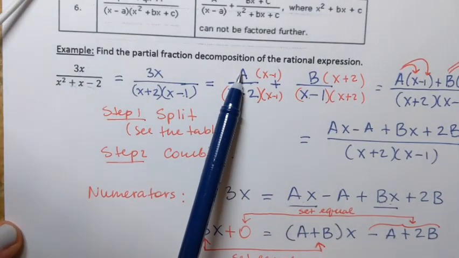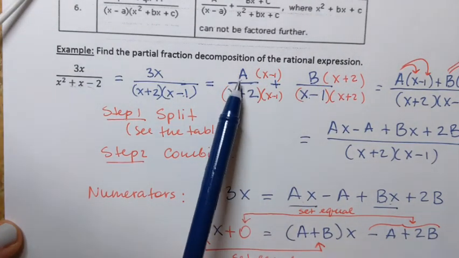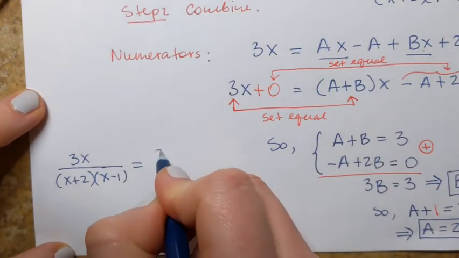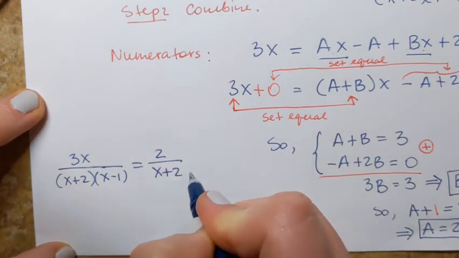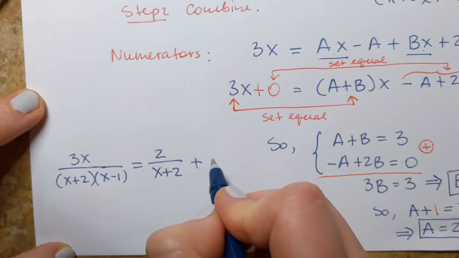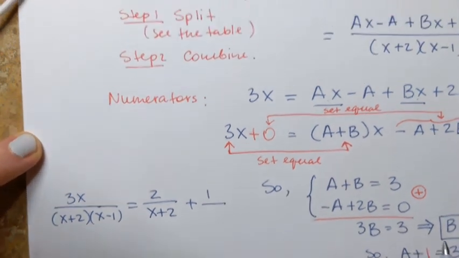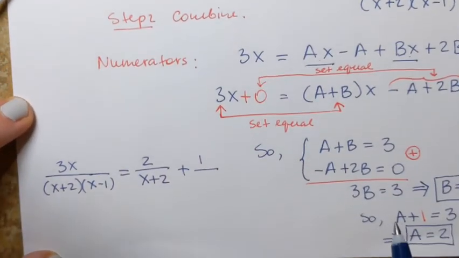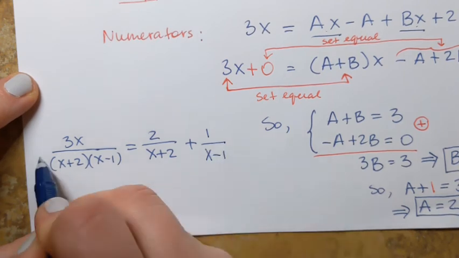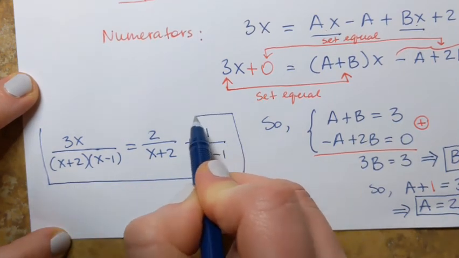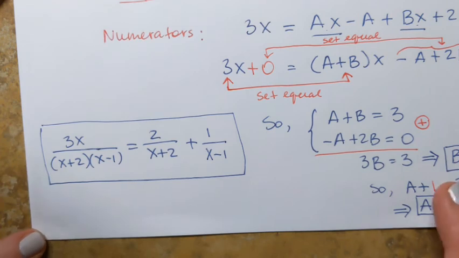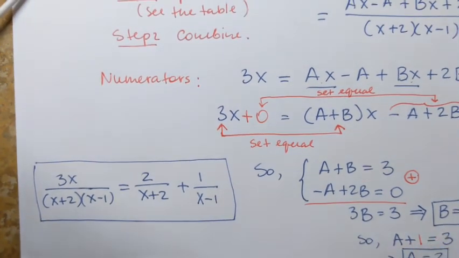Here I have to put 2, and here I have to put 1. 2 over x plus 2, plus 1 over x minus 1. And that's how we decompose, or obtain partial fractions for, that expression.